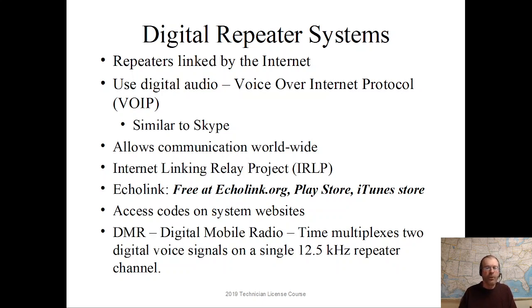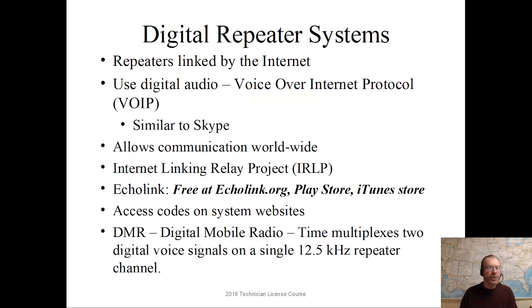So you do have to have your call sign, or you cannot sign up for Echolink. You can still download it, but you can't actually use it, and you can't listen on it or anything else. So don't even bother with it until you get your license. And these days, they may even restrict downloads if you don't have a license. I don't know about that. I've had it for a long time.